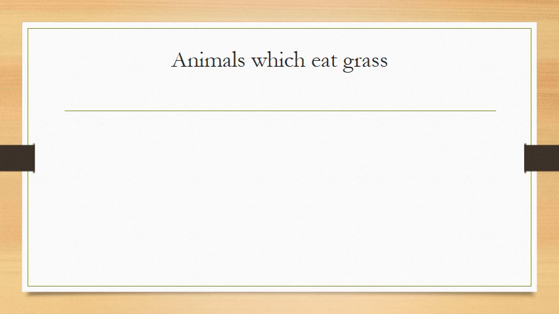Now, there are some terrestrial animals who live in the forest and only eat grass. Means they live in the jungle while only eating grass. They have adapted such features so that they can survive in the jungle.